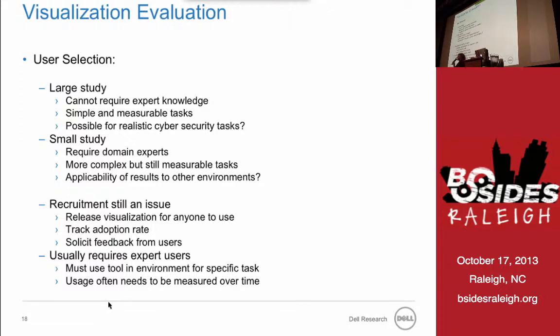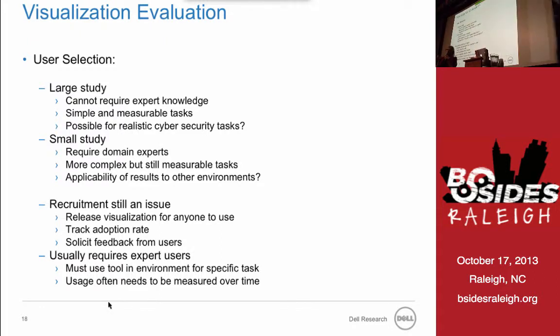How do you find a large population that has the background you need to be able to evaluate the visualization? You either have to make the problem it's trying to solve so simple that, again, looking at the 10-year-old, someone who doesn't have the background can solve it. So you're abstracting away the actual problem to something much simpler. Or if you leave the problem complex, by definition you've shrunk down the number of users you can use to evaluate it.